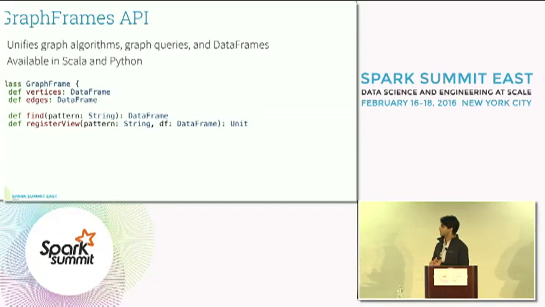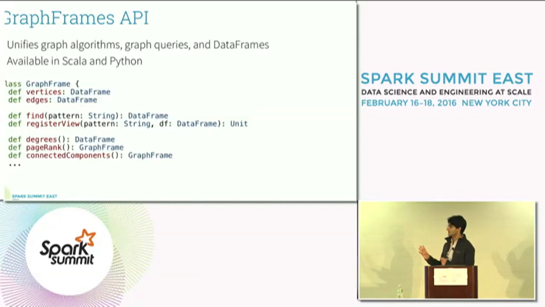So here we're saying maybe you intend to use triangles a lot, or 2 or 3 cycles a lot. Then you can hint this to the system and it'll use it in the optimizer. And then finally, it provides a library of common graph algorithms plus a way to write your own.